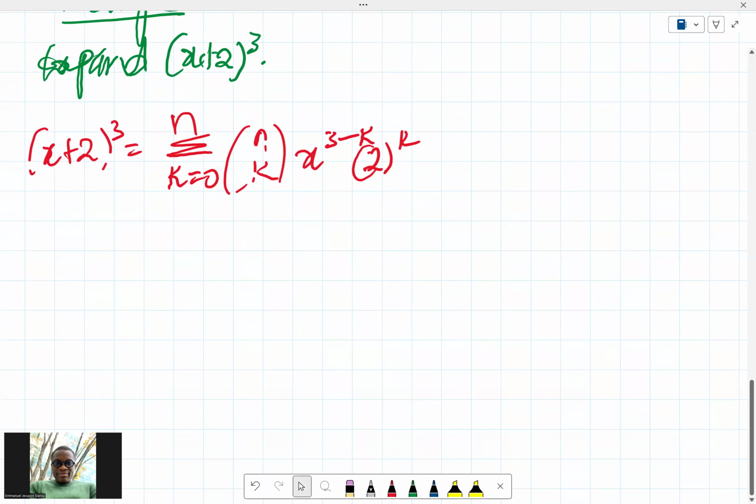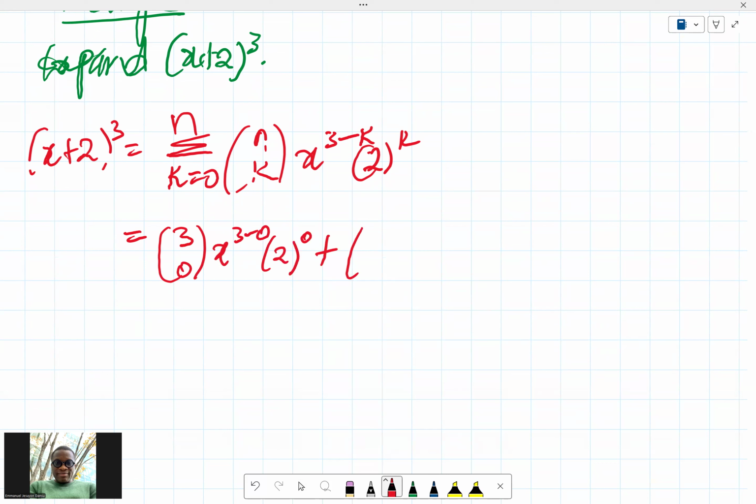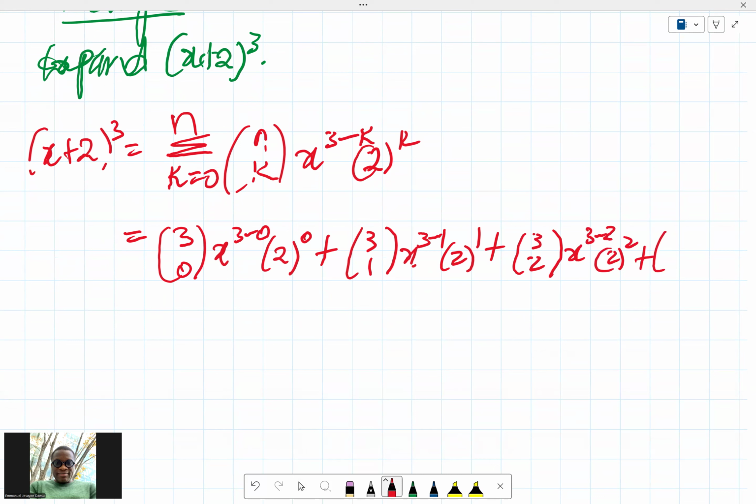So if we go to the next step, we have 3 combination 0, x raised to power 3 minus 0, 2 raised to power 0, first term. Second term is 3 combination 1, x raised to power 3 minus 1, 2 raised to power 1. Next term is 3 combination 2, x raised to power 3 minus 2, 2 raised to power 2. And lastly, 3 combination 3, x raised to power 3 minus 3, 2 raised to power 3.